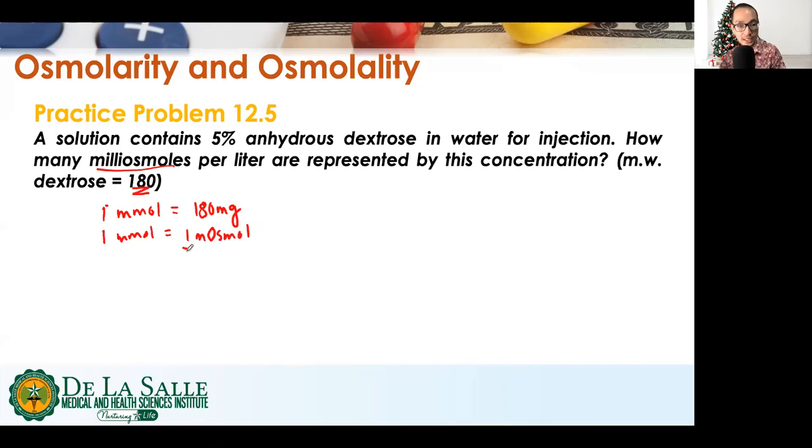Okay? Yan. So dito tayo nagkakaiba. Ito yung maaaring magbago. Okay? If you have a non-electrolyte, this is 1. Okay? If this is an electrolyte, this can be 2, this can be 3, and so on, no? Depending on the number of the particles or the ions in the solution. Now, we don't count, okay? We no longer count the undissociated particles, no?